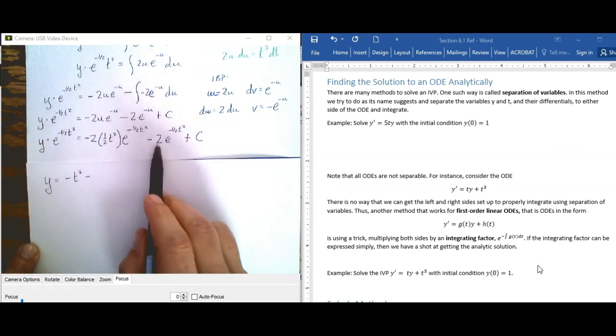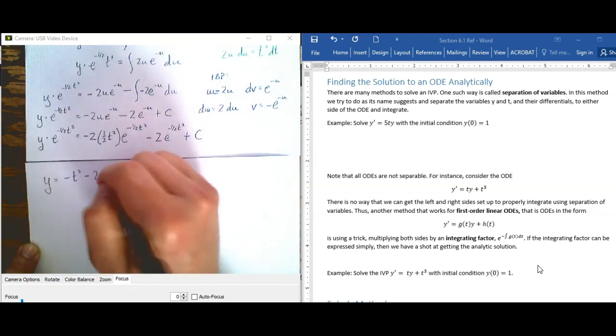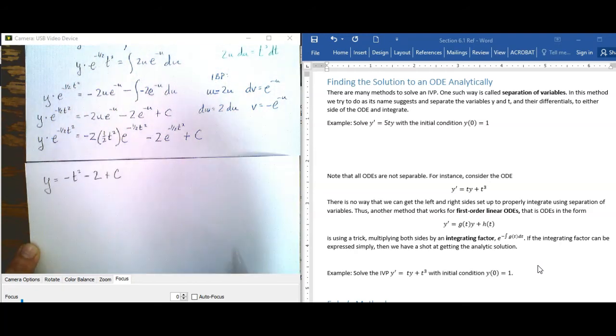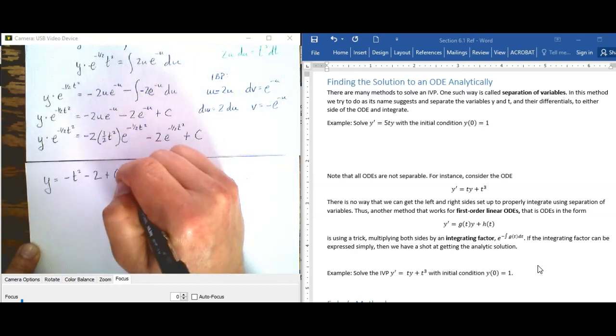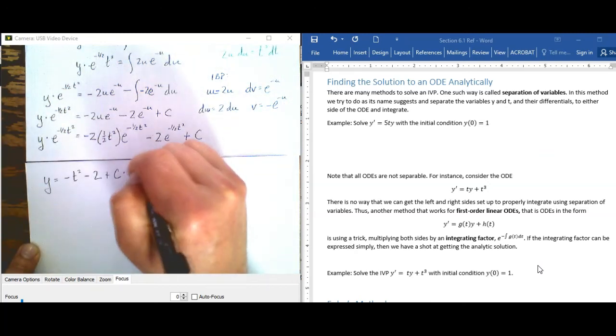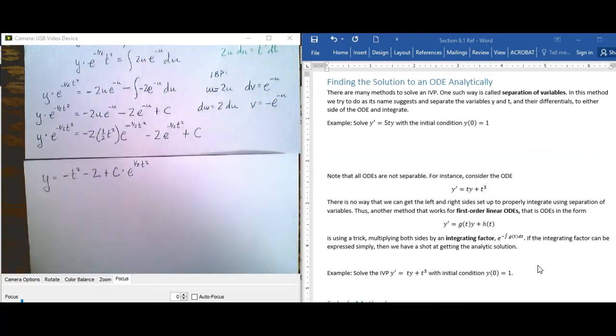Minus 2, these are going to cancel, plus c divided by e to the negative 1/2 t squared, which is the same as times e to the positive 1/2 t squared. Okay, so here is our general solution for the problem.